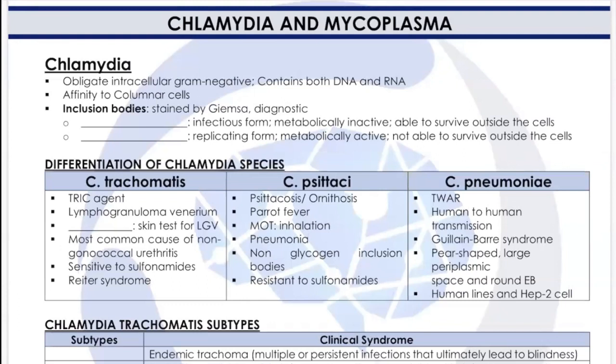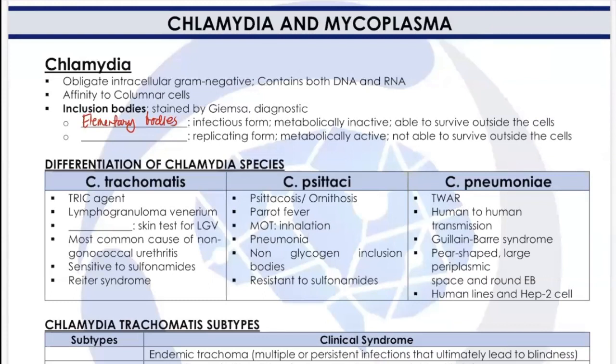So there are two types of the inclusion bodies. The one is the infectious, metabolically inactive form that is able to survive outside the cell, and that is your elementary bodies. And the other one is the replicating form.